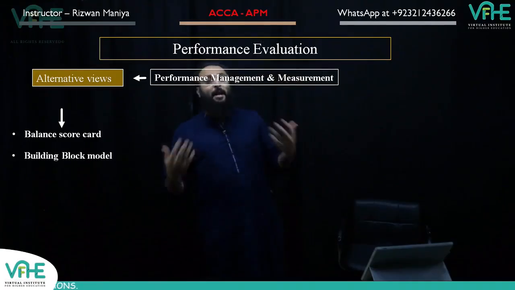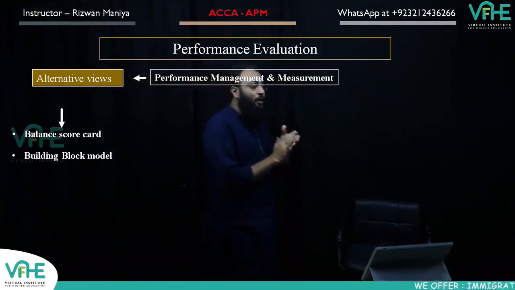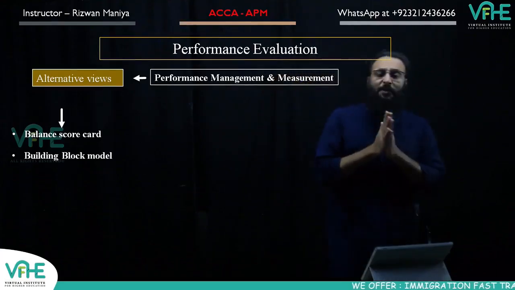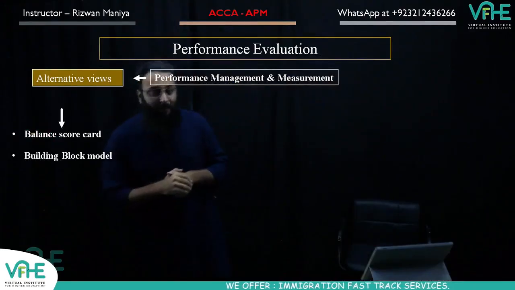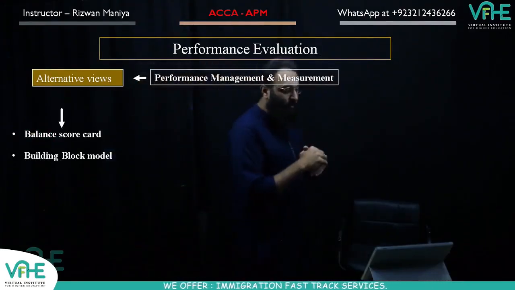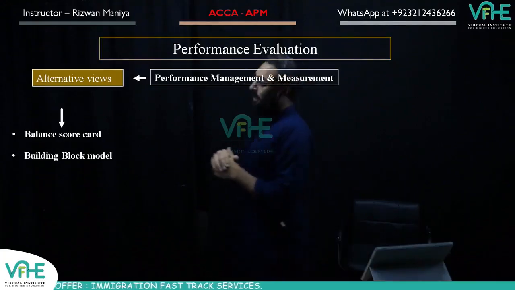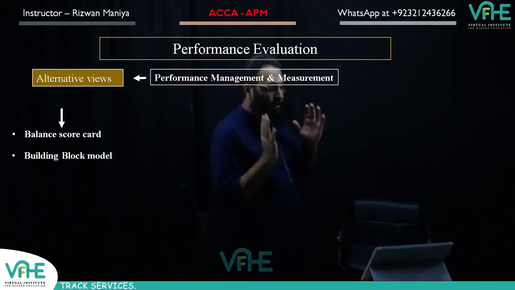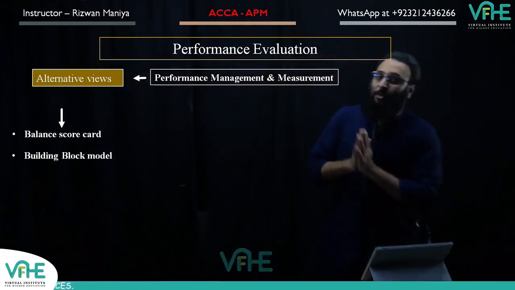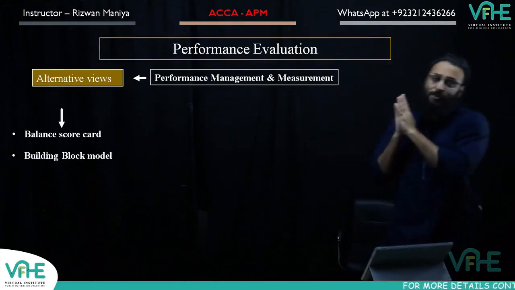When I say dimensions, there are 6 things that we focus on when measuring the performance of a service business: financial performance, competitiveness, quality, flexibility, innovation, and resource utilization. Whenever you assess the performance of a service business, you must consider these 6 dimensions.